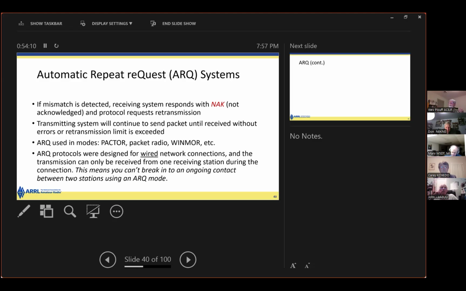So if you just turn on your radio and you're listening to a packet radio signal, if you get a packet with errors in it, you can't request a retry, because you're not the person that the guy who's transmitting is talking to.